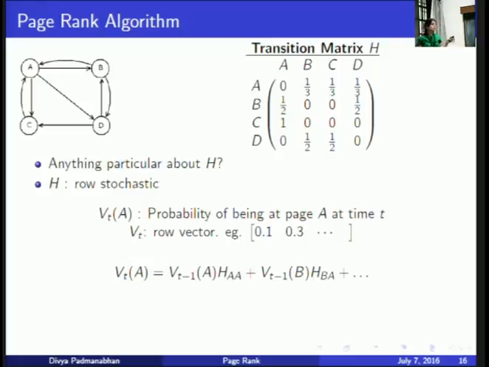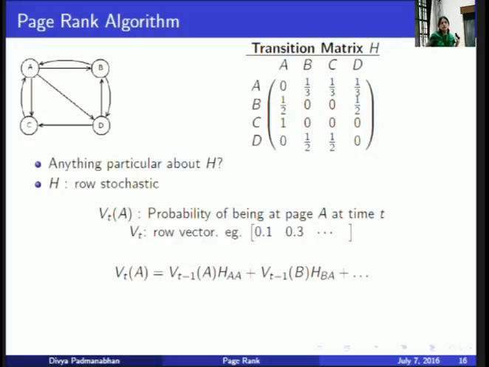You see what is the probability that you were in B in the previous time instant, and what is the probability of making a transition from B to A. That is Vt minus 1 of B times H of B A, and also Vt minus 1 of A times H of A A. That is, what is the probability that you were at A itself in the previous time instant, and the probability of making a transition to A. Similarly you'll do it for C and D also. Is this clear to you all, how you get this? Are there any questions here?